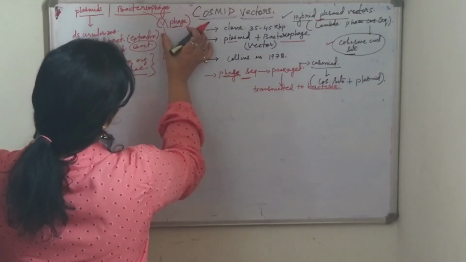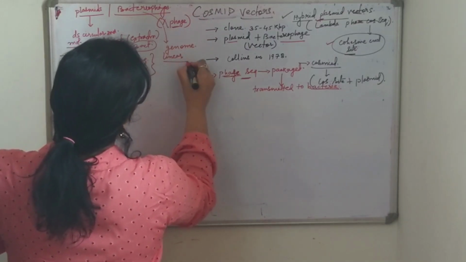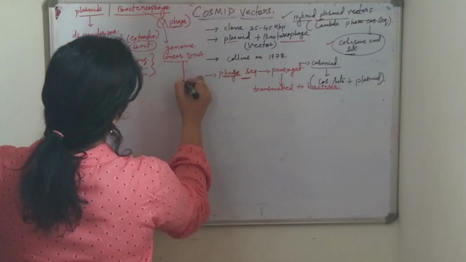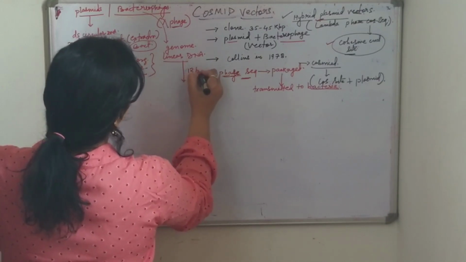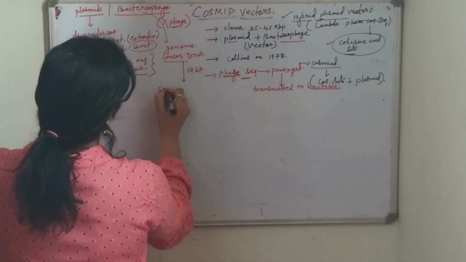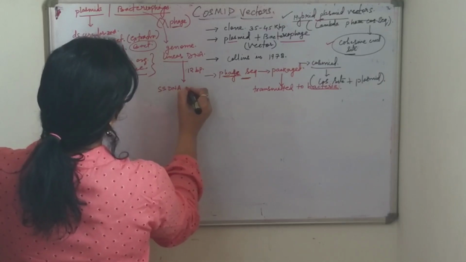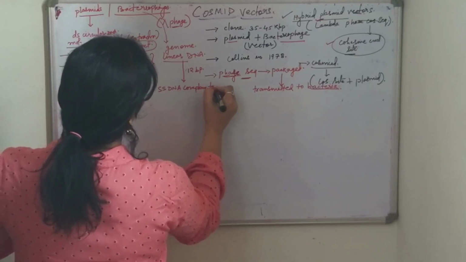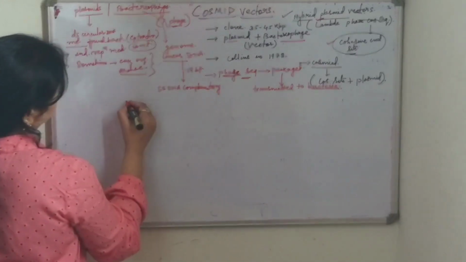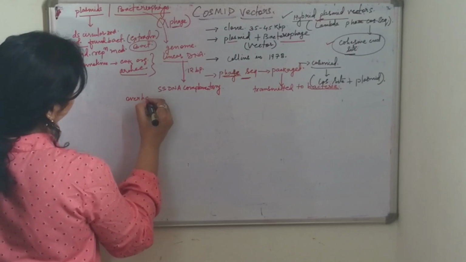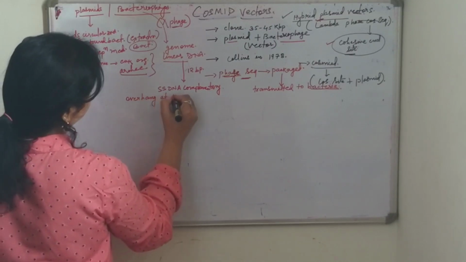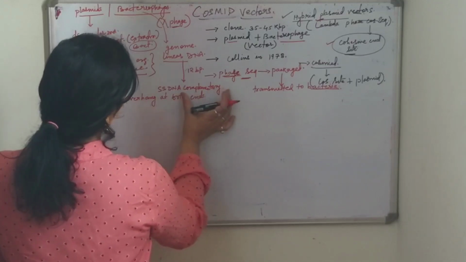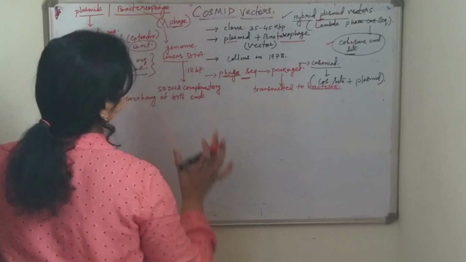So lambda phage DNA is a linear DNA molecule, and it also has a 12 base pair single-stranded complementary overhang at both ends.